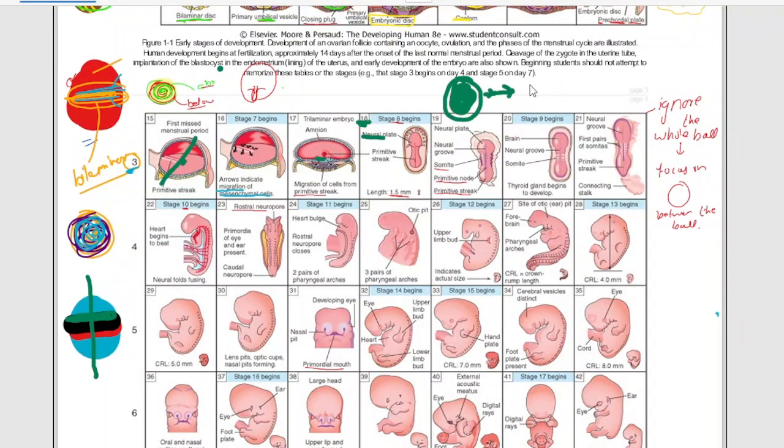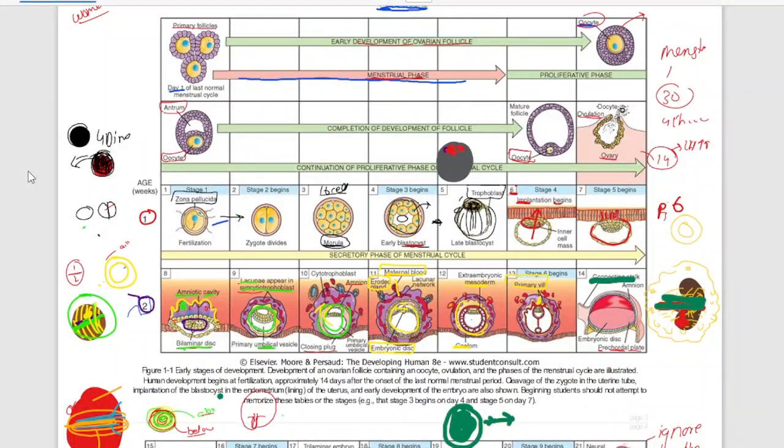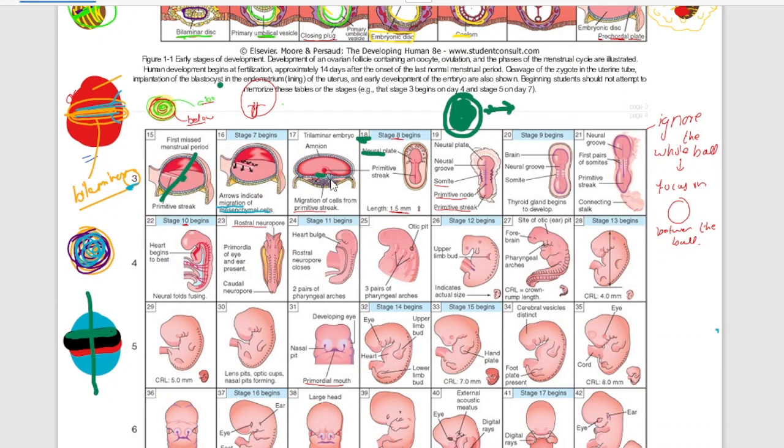Actually the folding occurs in the plate, not in the whole ball, only in the plate. If this is the plate and you fold it from both sides, it becomes like this.